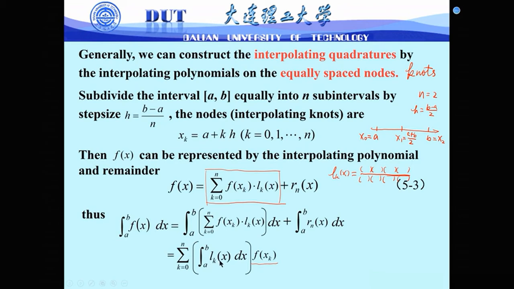And l_k(x) is determined just by the nodes x_k. Here, the numerator should be x minus x_0 multiplied by x minus x_1, up to x minus x_{k-1}, then x minus x_{k+1}, up to x minus x_n, and divided by the same expression with x replaced by x_k: x_k minus x_0, up to x_k minus x_{k-1}, x_k minus x_{k+1}, up to x_k minus x_n.